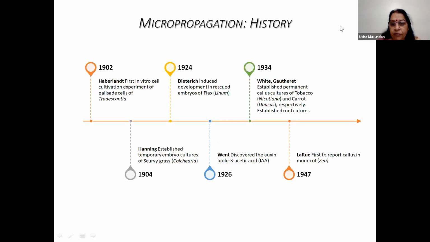We are not going to go into more of the history because we already spoke about it. We once again give credit to the great person, Haberlandt, who thought of in vitro culture of plants using tissue culture. Callus cultures were established by White, embryo cultures by Hanning and Wendt.